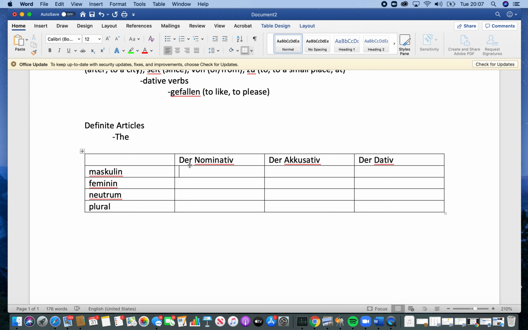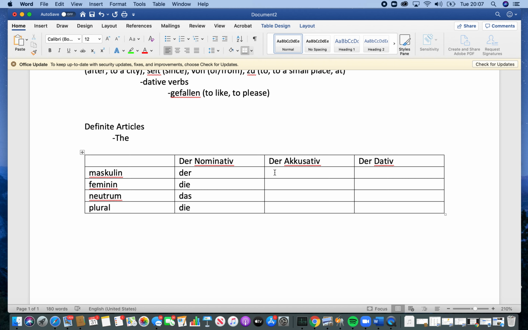So we have maskulin, der, feminin, die, neutrum, das, und plural, die. So in accusative, when we're moving from the person or thing doing the action of the verb to the person or thing receiving it, then we have den, die, das, die.